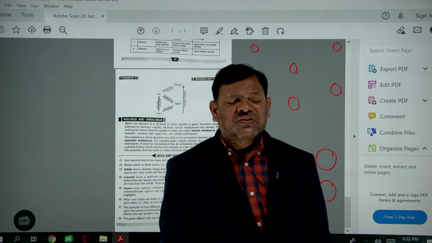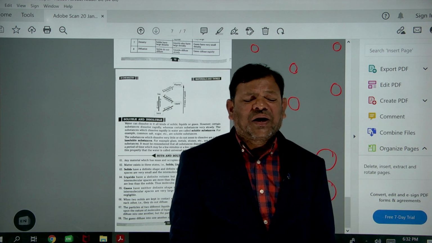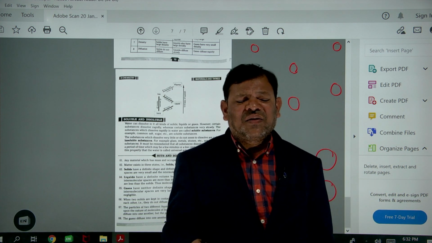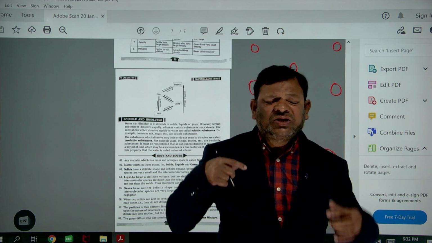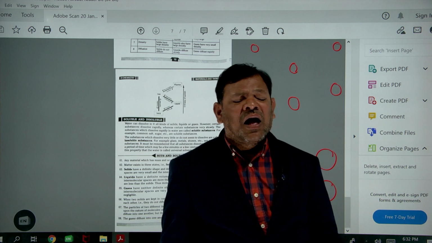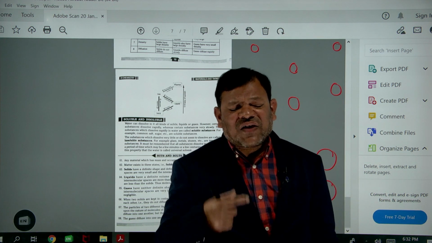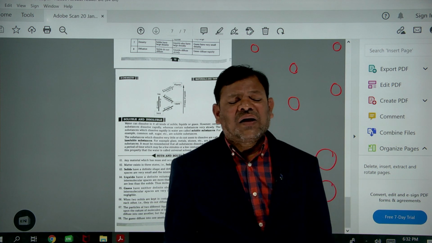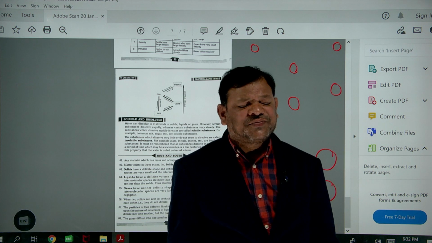In our body also, 75% is occupied by water. So water is very important for digestion and many other purposes. It is distributed to different parts of the body, and it helps distribute oxygen and carbon dioxide, and the waste material is sent to the excretory parts.